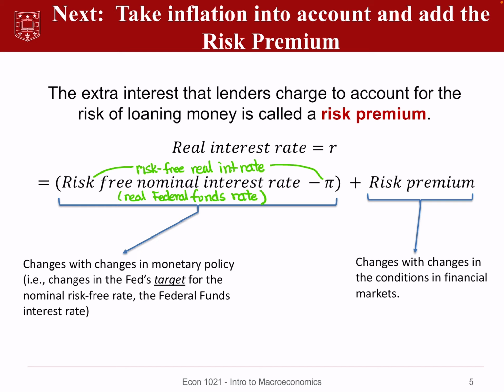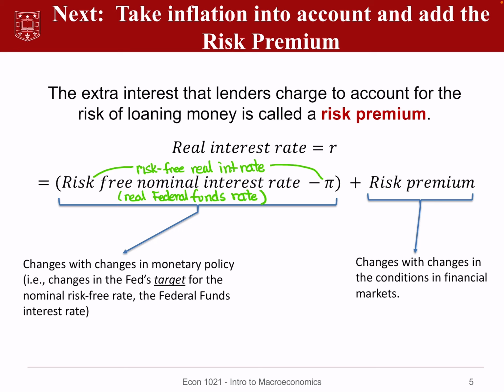And so what I want to get at is this is going to define for us the MP curve, the monetary policy curve. That is, the monetary policy curve is going to be defined by the sum of whatever the real Fed funds rate is plus the underlying risk premium in the macroeconomy. And so what we ultimately want to think about as well is shifts in the MP curve.